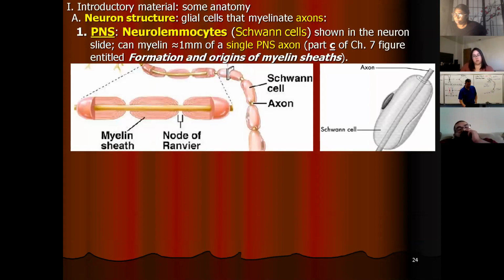Now let's talk about some of the neural glial cells that help neurons function better. These are going to be very key. And since you've had it in anatomy, I'm going to go over this pretty quickly. The myelinating neural glial cell in the PNS is the neurolemmocyte or Schwann cell. It is dedicated to a single axon, just about a millimeter of it.